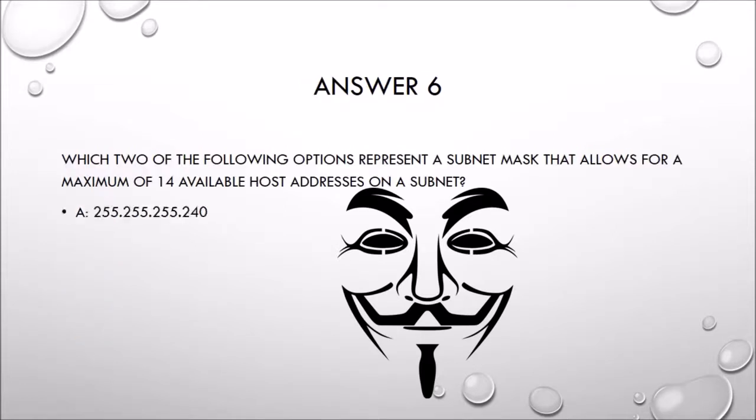And the answers are A and H. It is 255.255.255.240, which is a /28 subnet mask.